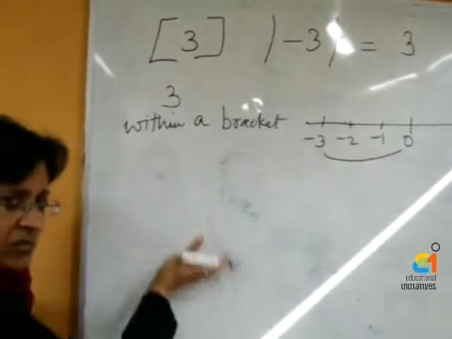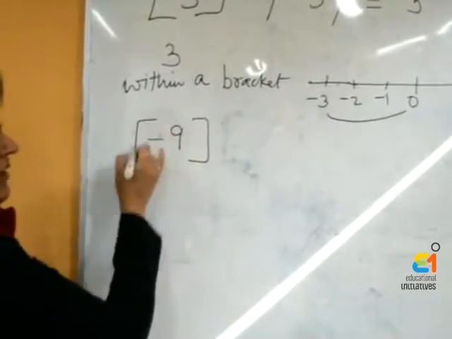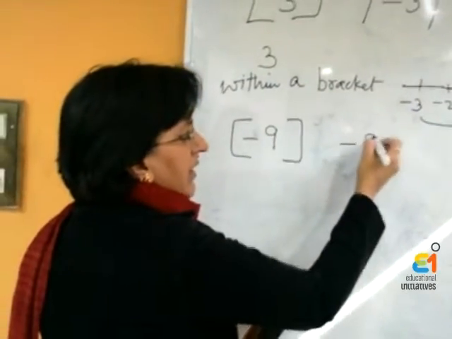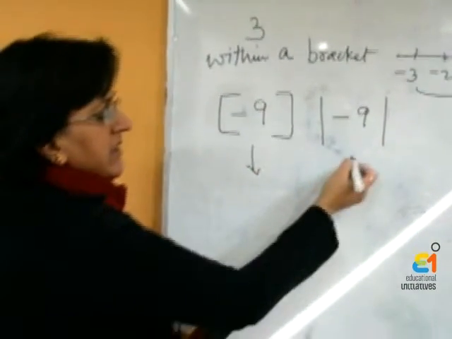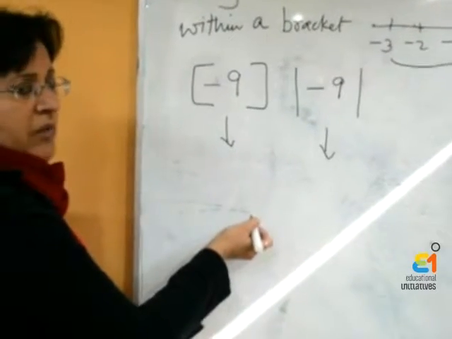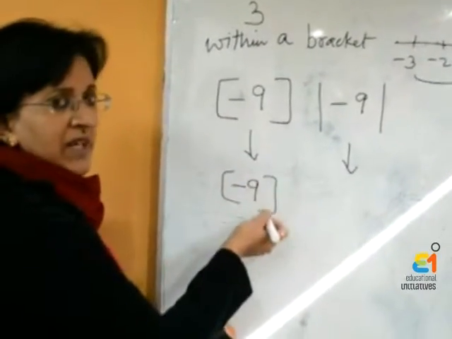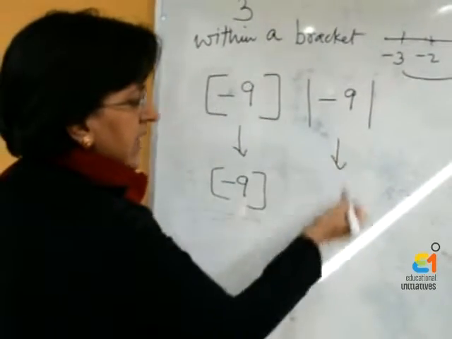And then some more examples can be taken by putting a negative integer inside a bracket and then putting a negative integer inside the modulus, and say that if you need to rewrite this, how will it become? So this remains inside the bracket since it has no mathematical implication, but this has a mathematical implication, and this actually is the absolute value.